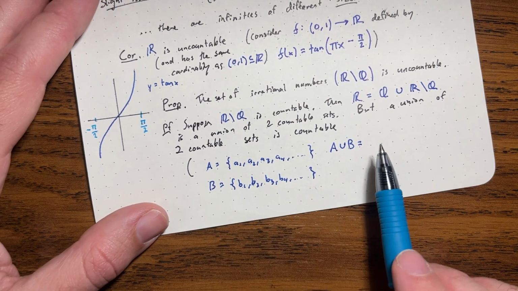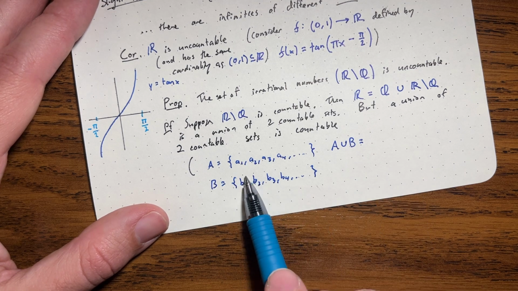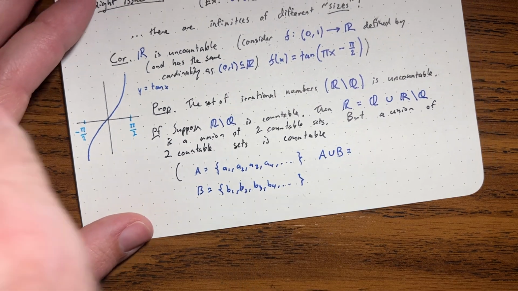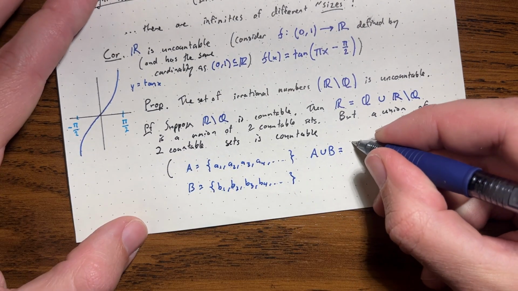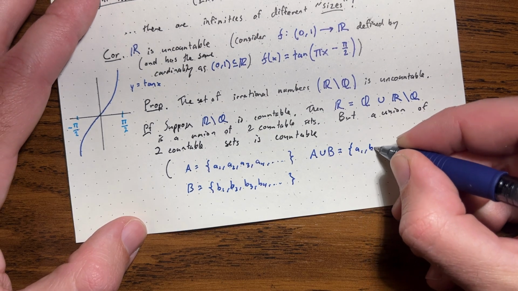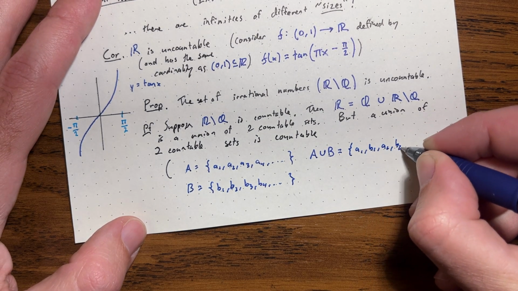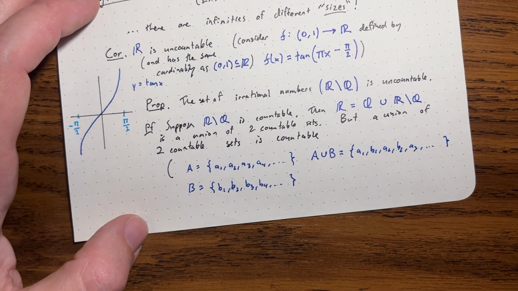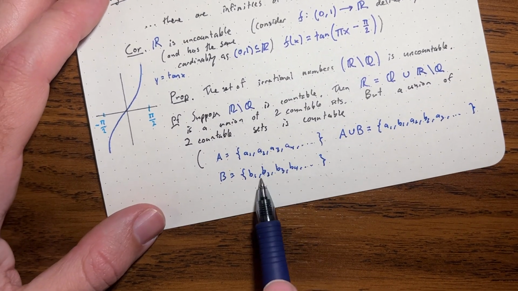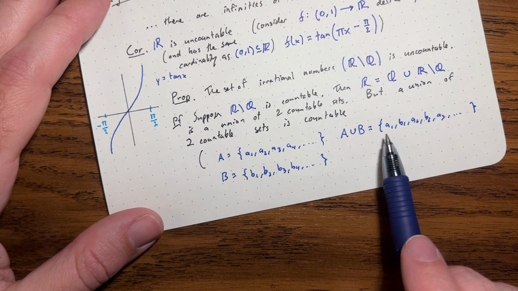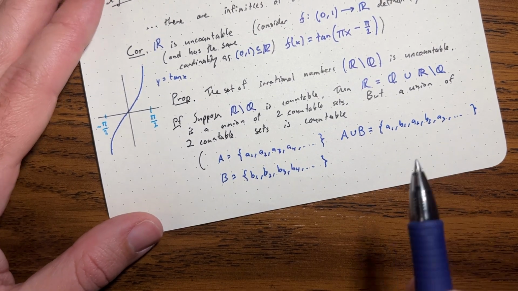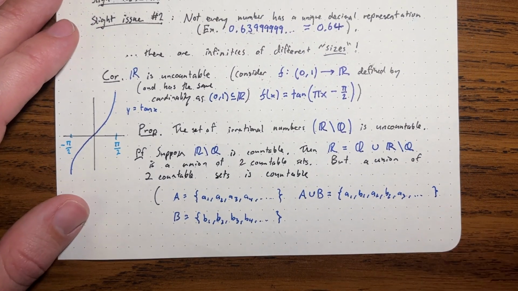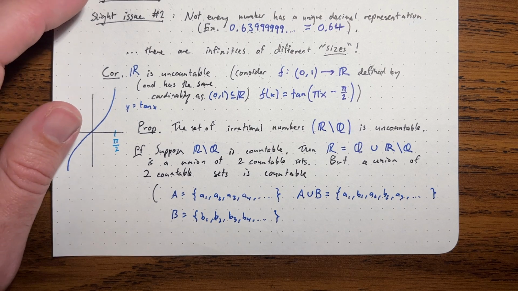So you do something like interleaving the elements. You alternate. So we can write out A union B like A1, B1, A2, B2, A3, etc. And I suppose technically these sets could have some elements in common, but if we get to anything that's in both of them, you don't list it twice. So that's the idea. A union of two countable sets is countable.